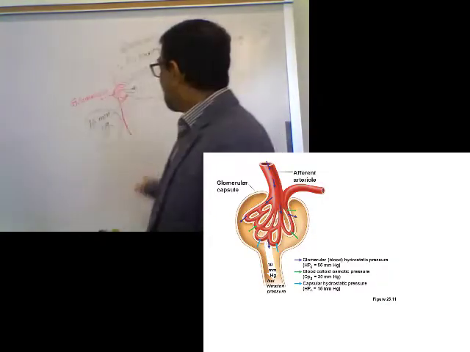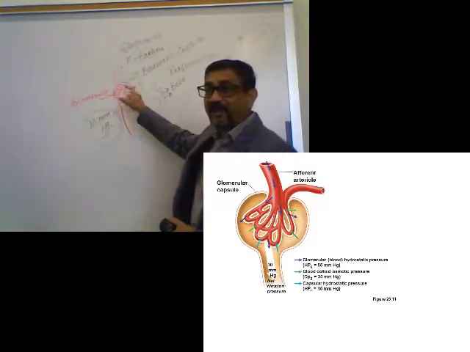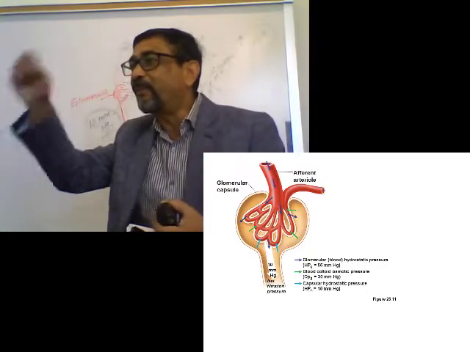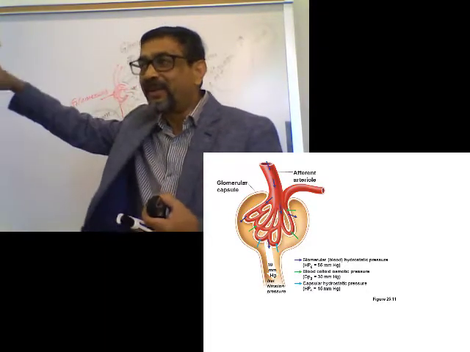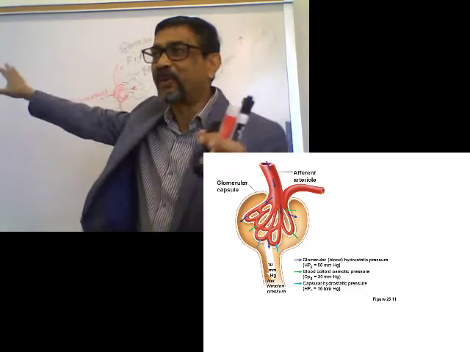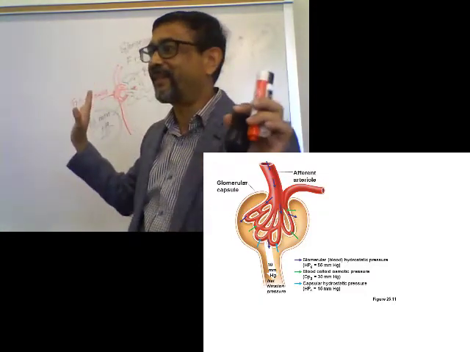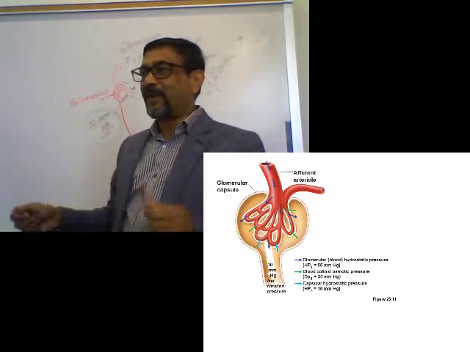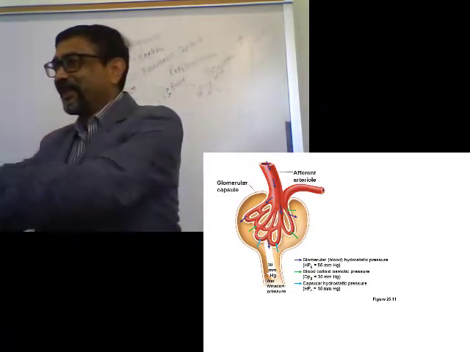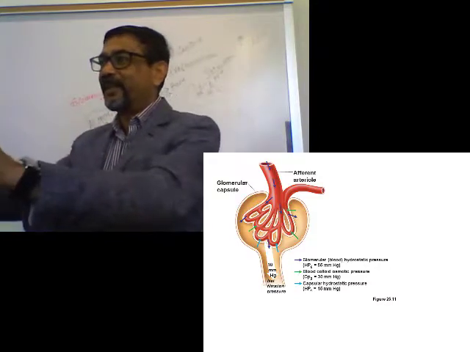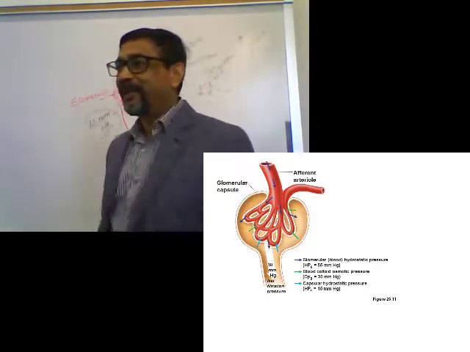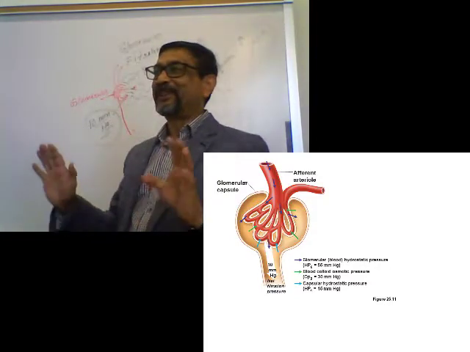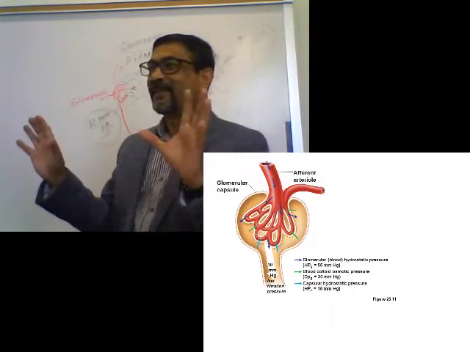Now, that first pressure that is trying to push the fluid out must be more than the combined pressure of those two, right? To cause the filtration. So think of it this way. You are pushing something in one direction, and your two kids are trying to stop that. Make sense?